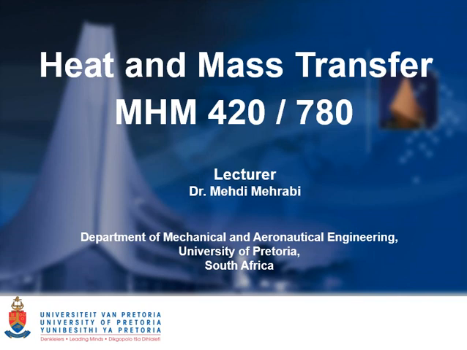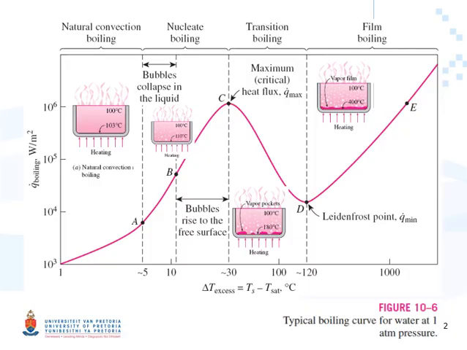In our previous lecture we talked about four boiling regimes: natural convection boiling, nucleate boiling, transition boiling and film boiling. And we said that in this lecture we are going to talk about correlations, or how we are going to calculate the Q dot boiling or h, which is the boiling heat transfer coefficient, because at the end of the day we want to use those numbers.